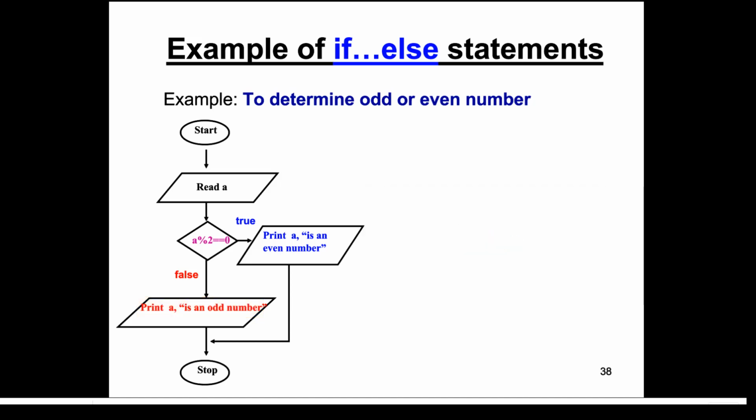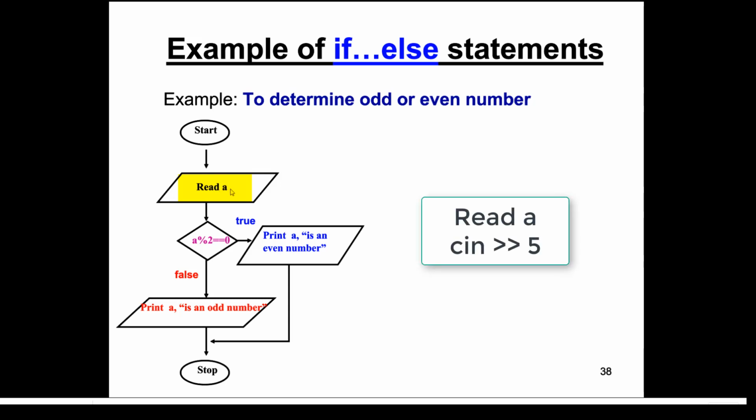When you try to understand a flowchart, you can always check it by giving it a number. Read A. So let's say A is 5. 5 modulus 2, so 5 divided by 2 is 2, and the remainder is 1. So does 1 equal 0?